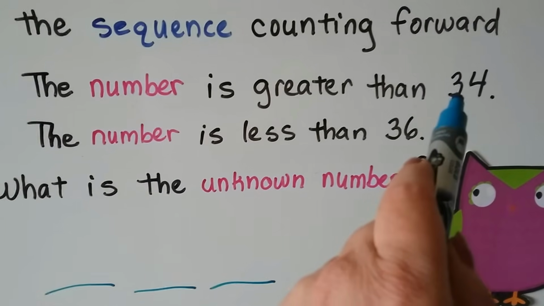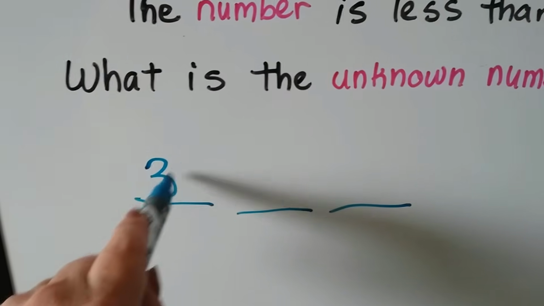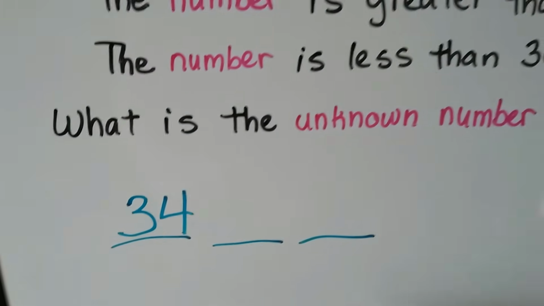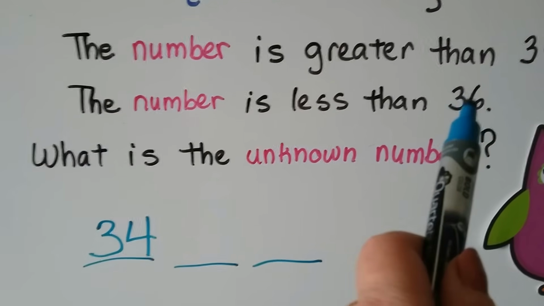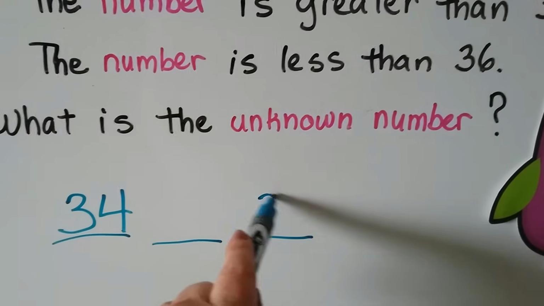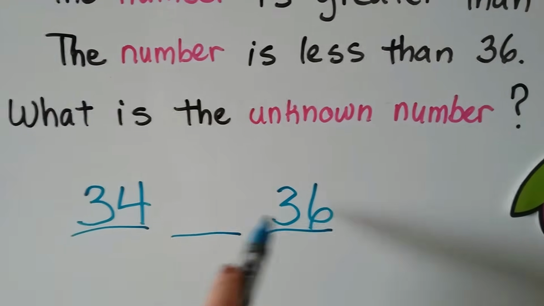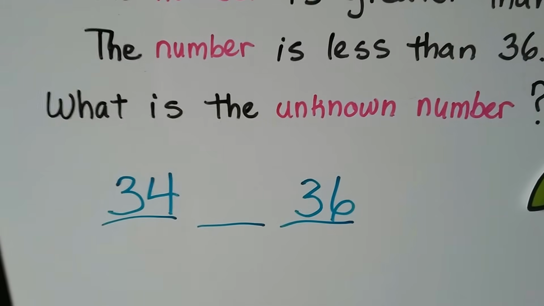It says it's greater than 34. That means it's bigger than 34. So we have 34 here. And it says the number is less than 36, so it's got to be smaller than 36. Do you know what number would come in between a 34 and a 36?